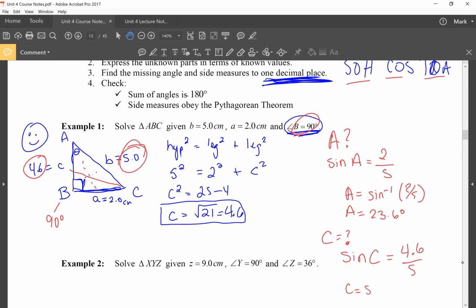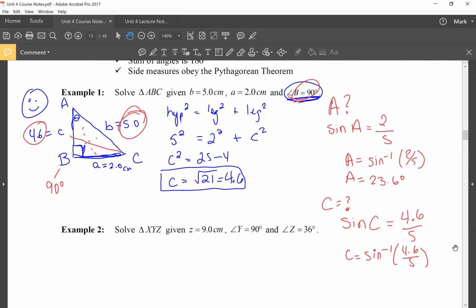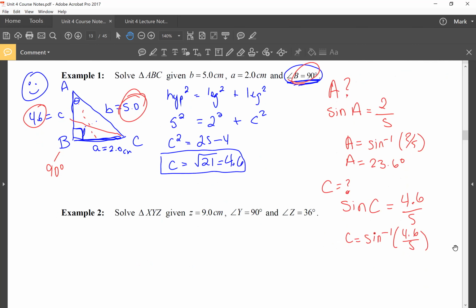So C will be sine inverse of 4.6 over 5. I wrote a lot here. It's actually not that much writing. I'm just trying to show you all the steps. Okay, so second function sine of 4.6 divided by 5, and I get 66.9.